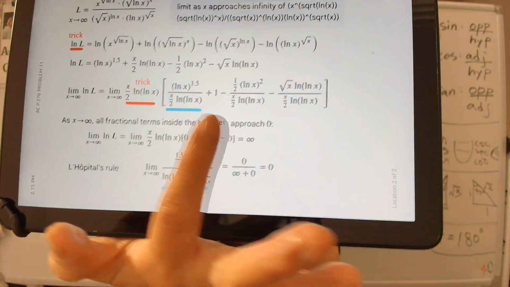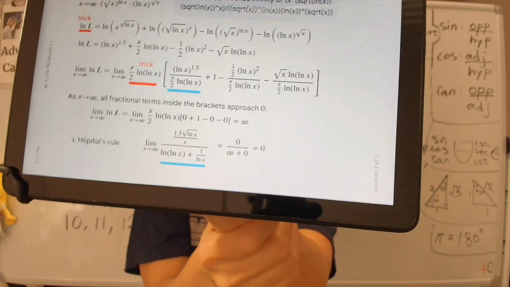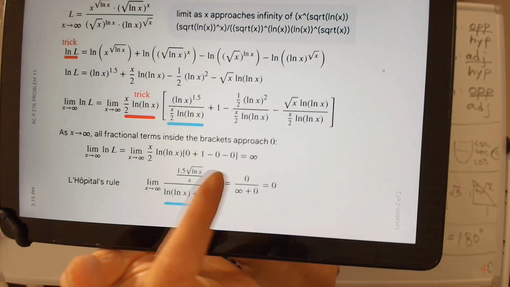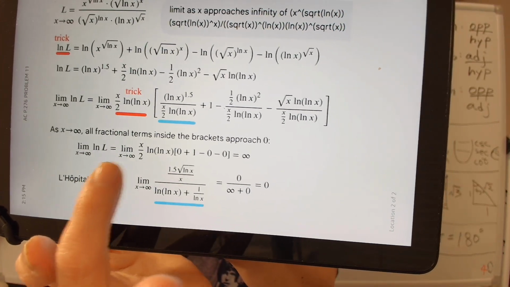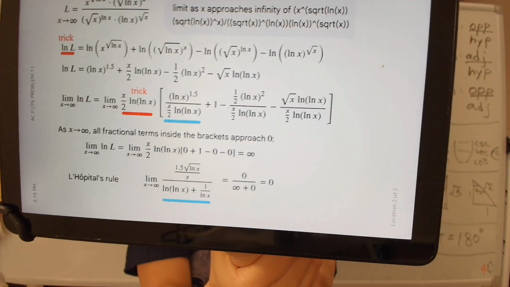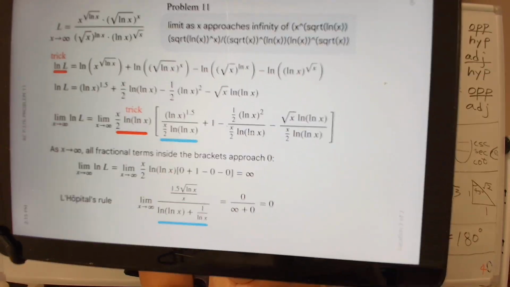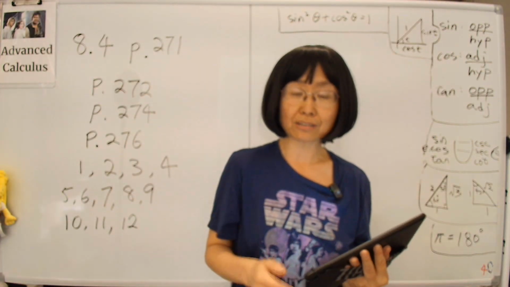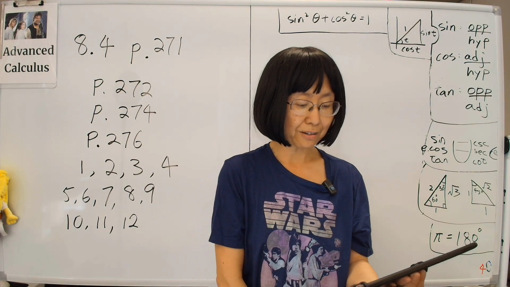And so each one of these things will go to 0 with the same L'Hopital's rule. So then the original limit is going to be equal to this function, which will go to infinity as x goes to infinity. And if the natural log of something goes to infinity, then that thing itself for sure goes to infinity. And that's that.